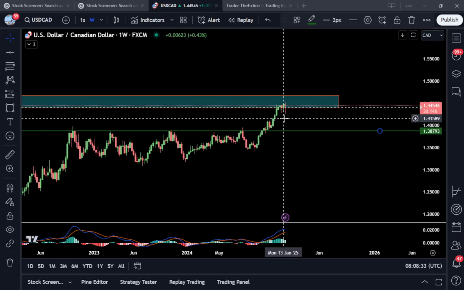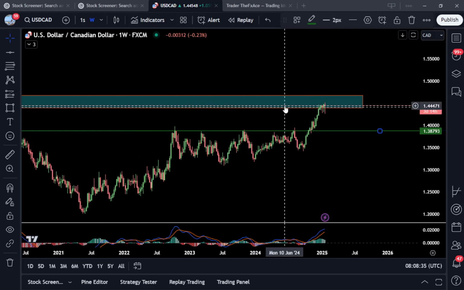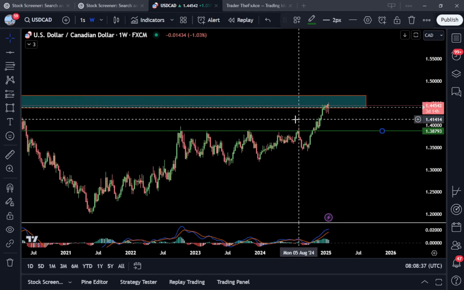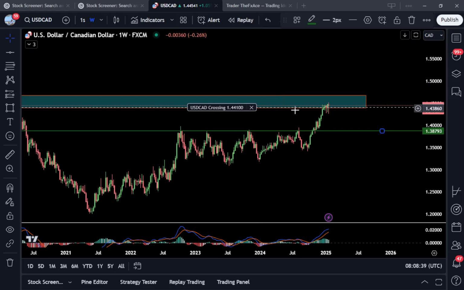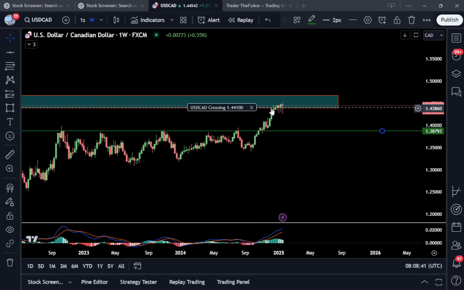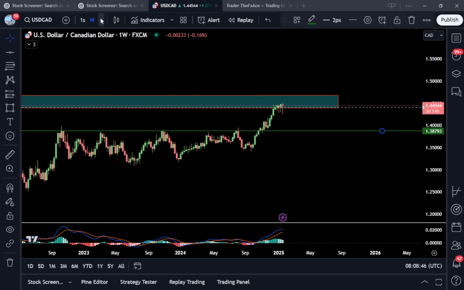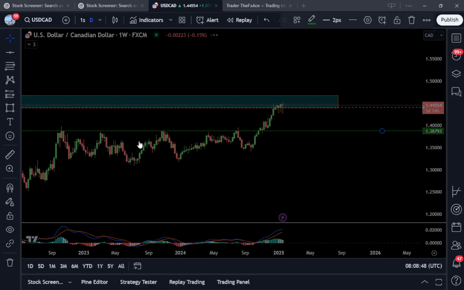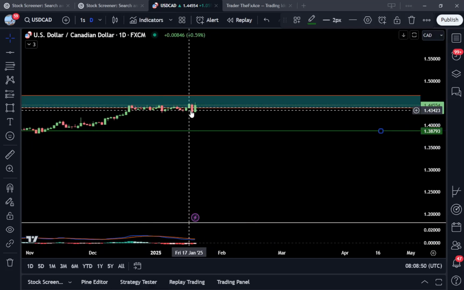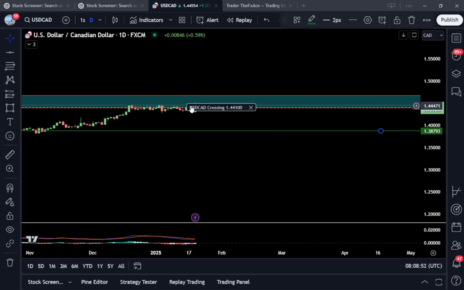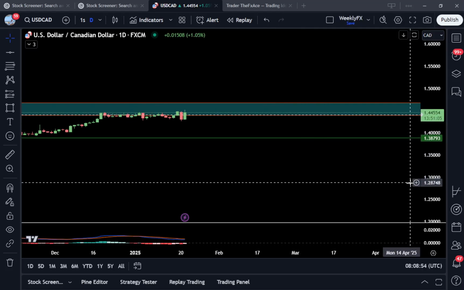This is an extremely overextended move on the weekly charts. We are inside this key area here. I think it's 18 straight weeks to the upside. Market is starting to move sideways and gets very choppy at the top of this move. If we look at the daily chart, a lot of volatility the past 3 days. Friday we got the false breakout, as I mentioned in yesterday's video.